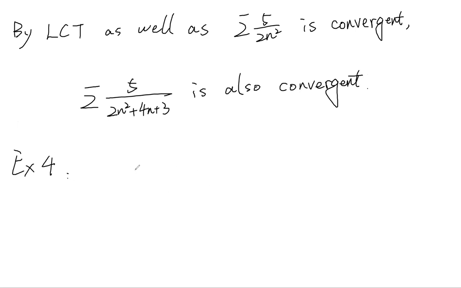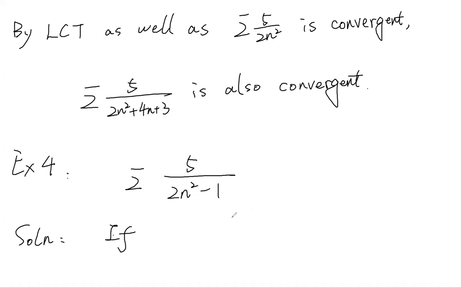Suppose we want to determine the convergence or divergence of the series 5 divided by 2n squared minus 1. If you want to use the comparison test, a reasonable choice is to compare it to the series 5 divided by 2n squared.